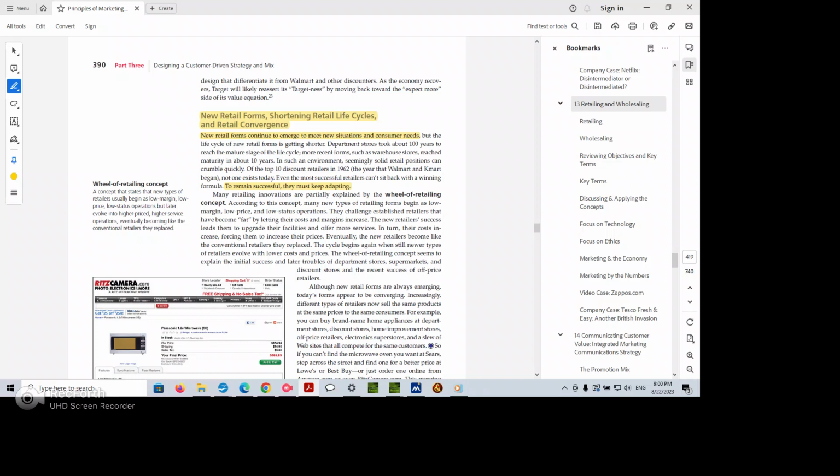Okay, here we go. Now, with that said, let's talk about what the wheel of retailing concept is. That is a concept that states that every type of retailer must usually begin at a low margin, low price, low status operation, but later evolve into a higher priced, higher service operation, eventually becoming like the conventional retailers they replace.